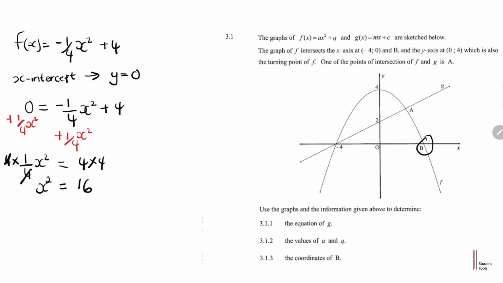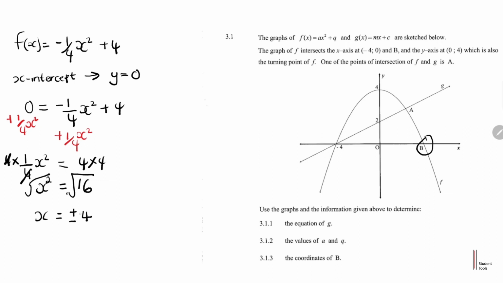So here we have x squared. To get the value of x, that means we have to use a square root. So we'll use a square root both sides. So here we will have x equal to the square root of 16. So the square root of 16 is plus or minus 4.